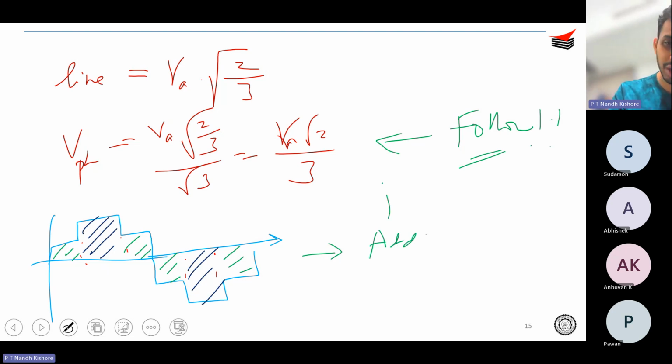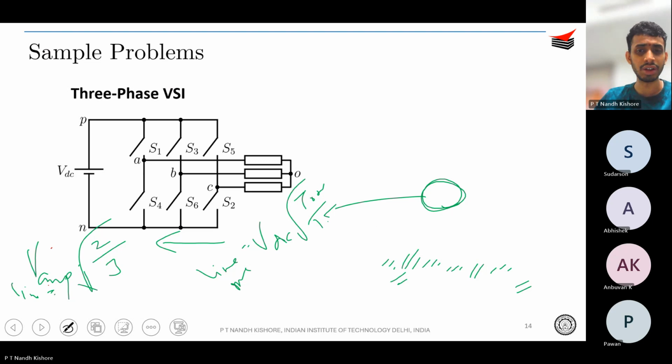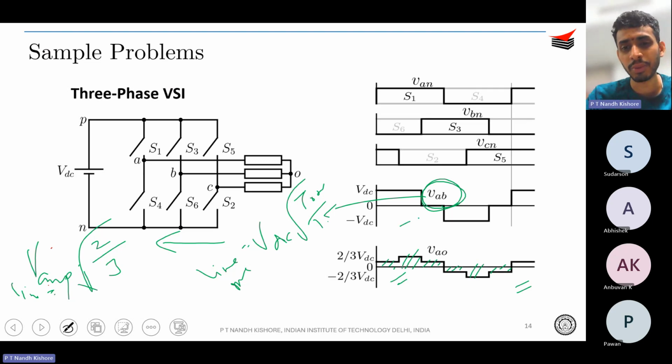You will eventually get this expression, but it's going to take a hell of a lot of time. Just remember that if you have a waveform like this in the line, you can easily find out the phase.